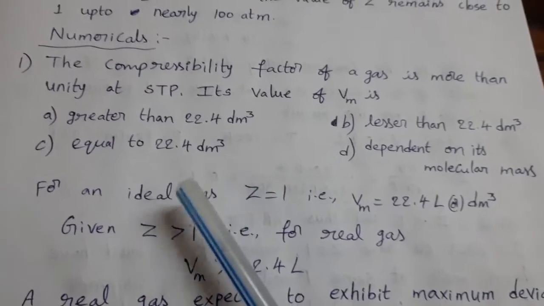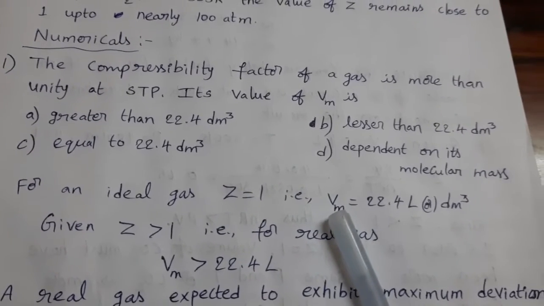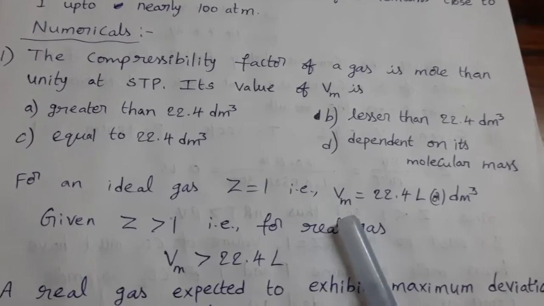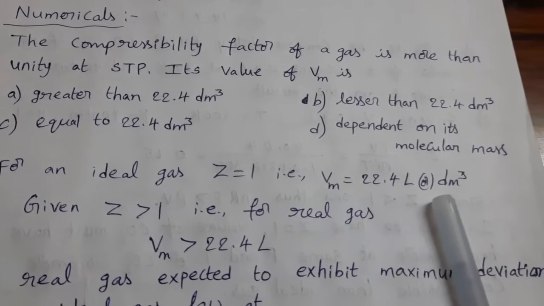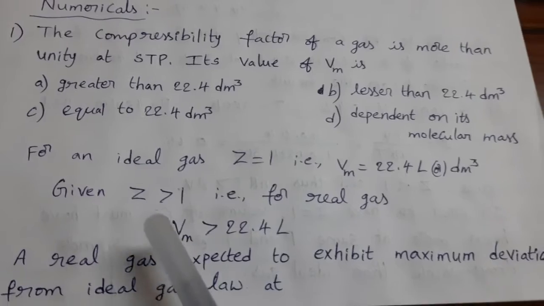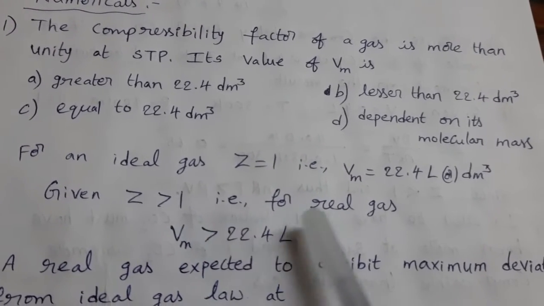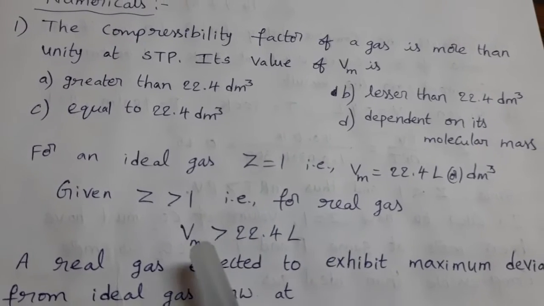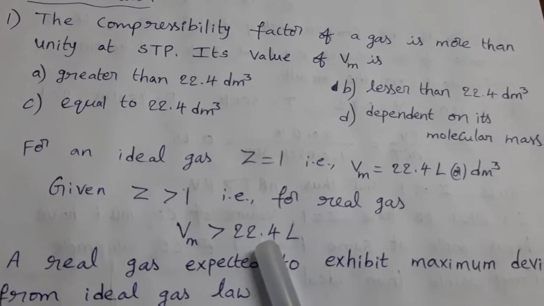Say this, for ideal gas Z equal to 1. That means for ideal gas molar volume is 22.4 liters or 22.4 decimeter cube. But given Z greater than 1, so it is related to real gas. So molar volume is also greater than 22.4 liters.